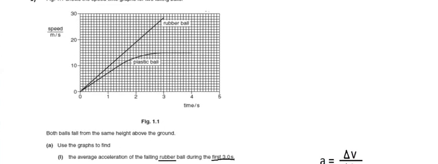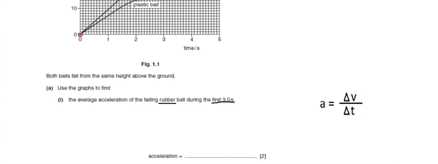So I will select 2 points. The first point should be the origin O, and the second point I am selecting this point. To find the slope we have to select these 2 points. Here I will write down the formula for the acceleration.